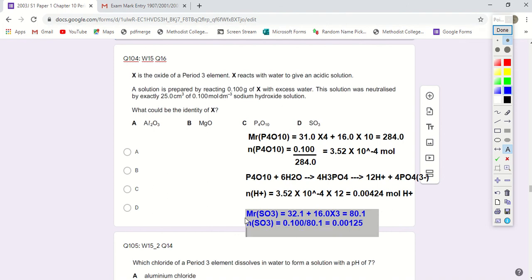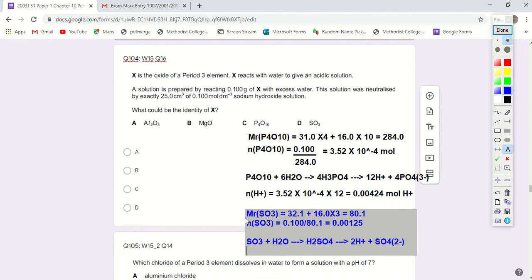Then you know the SO3 dissolves in water to give you H2SO4. Which means this H2SO4 dissolves in water to give you 2 H plus ions and a sulfate ion.